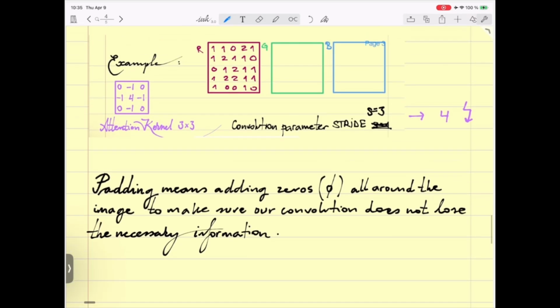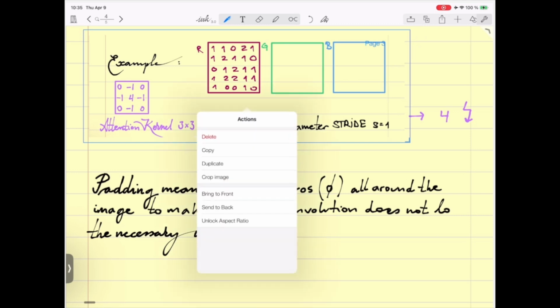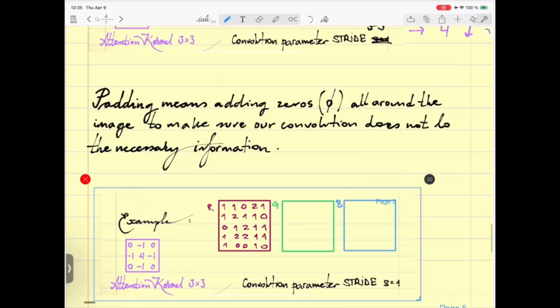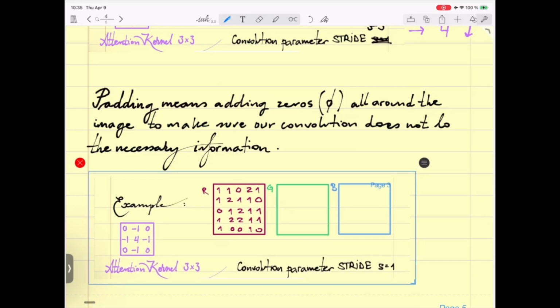What it means is that following strategy.